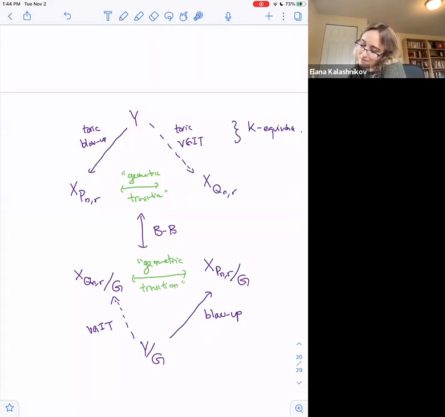And so one thing which I think is worth noticing about this picture is that the expectation for geometric transitions under mirror symmetry is that, if XPNR and XQNR are related by a geometric transition, then their mirrors are also related by a geometric transition in such a way that the roles of the maps are reversed, exactly like we see here in this picture. So that's that corollary.